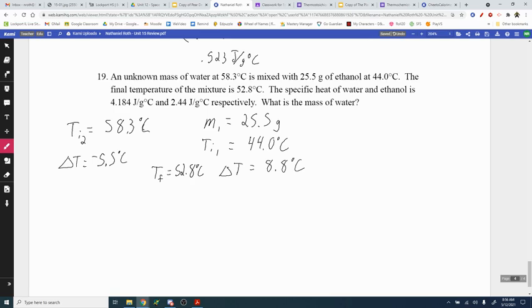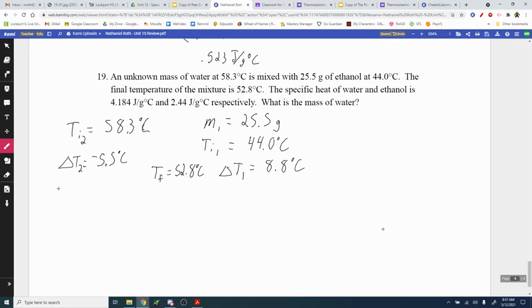Okay, so next, the specific heat of water and ethanol. What is the mass of water? So for water, I forget which one's water now. First one. Oh, and that should be delta T2. That should be delta T1.